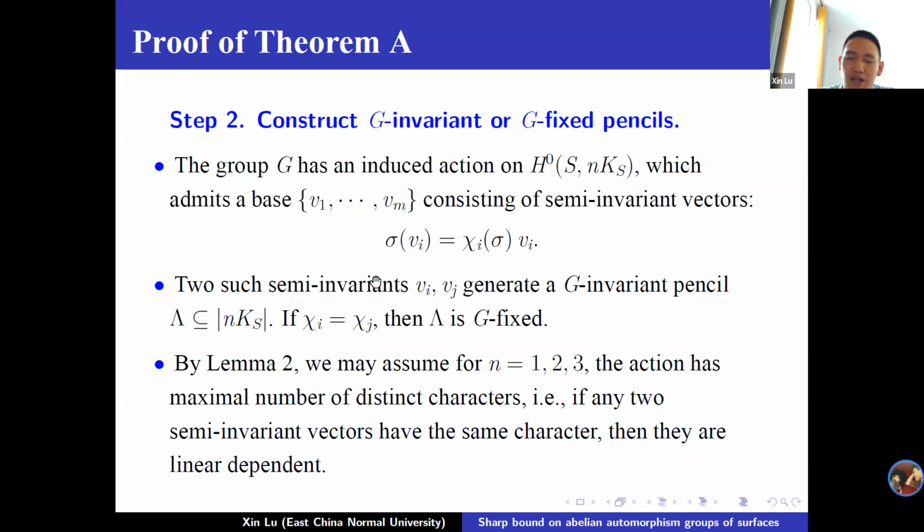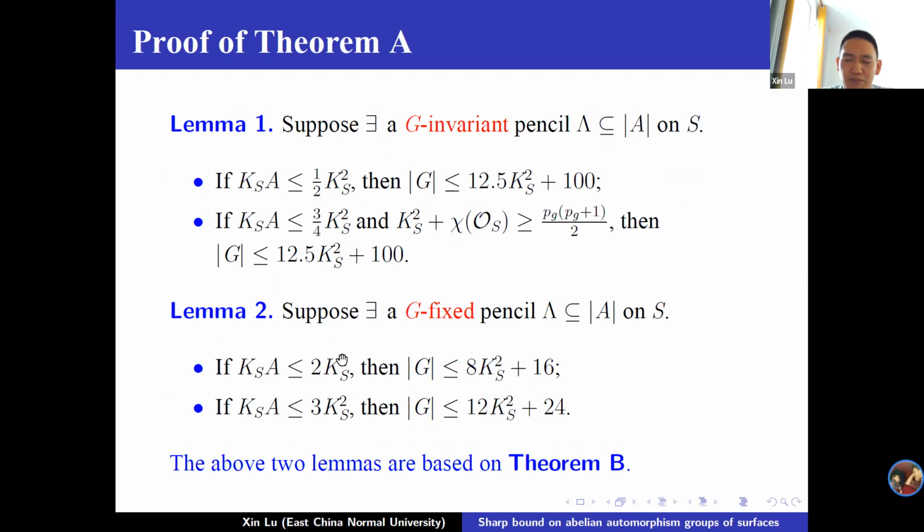That is, this space should admit a basis whose characters are distinct. If any two semi-invariant vectors have the same character, then they are linearly dependent, because if you take two semi-invariant vectors with the same character, then this pencil is G-fixed, and then we get the bound we require.